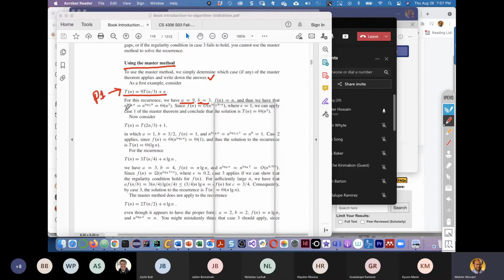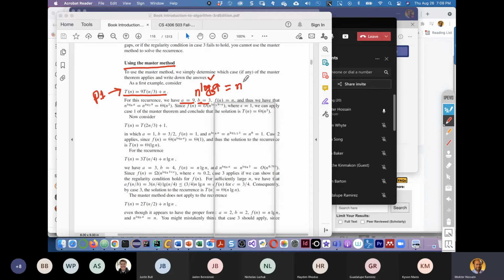What do we have? n to the power log base b of a, with b equal to 3 and a equal to 9, equal to theta of n squared. That means n to the power log base 3 of 9.